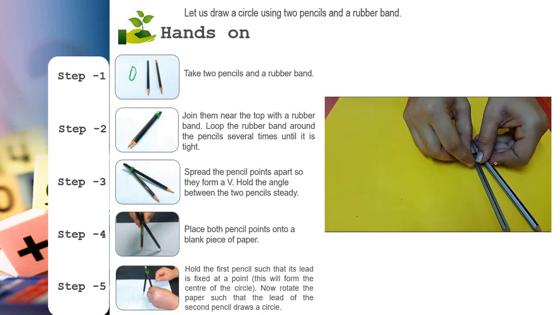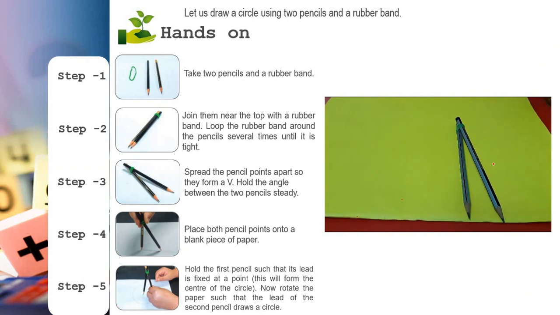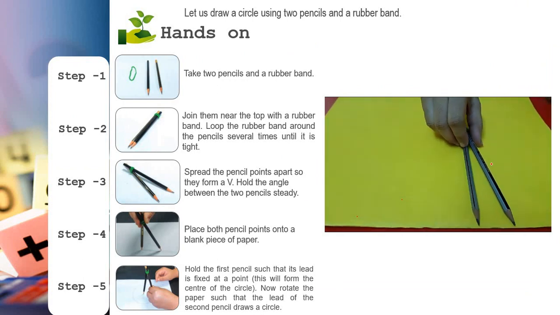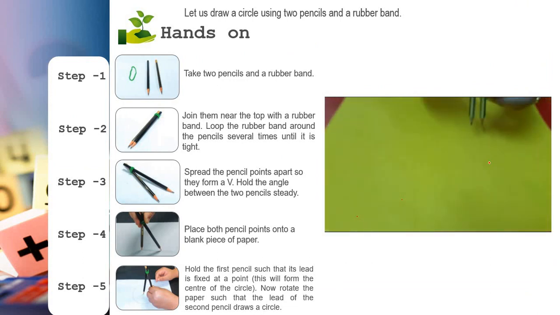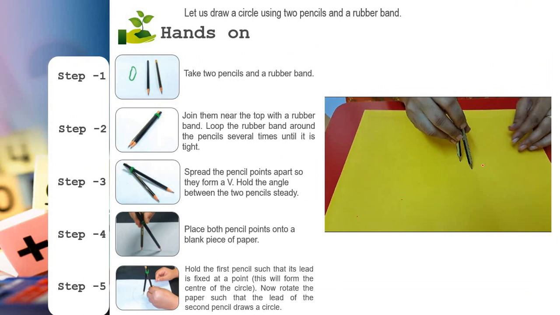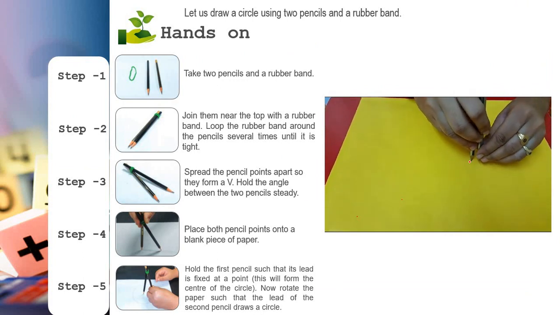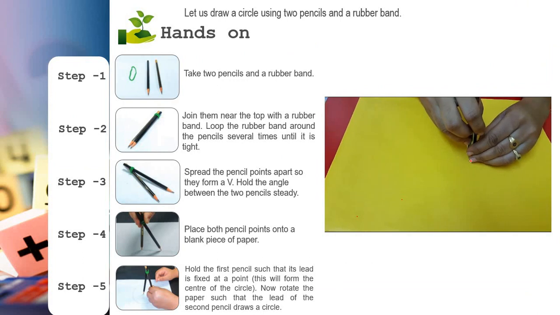Hold the angle between the 2 pencils steady. Step 4. Place both pencil points onto a blank piece of paper. Step 5.